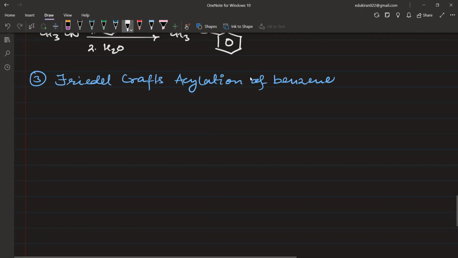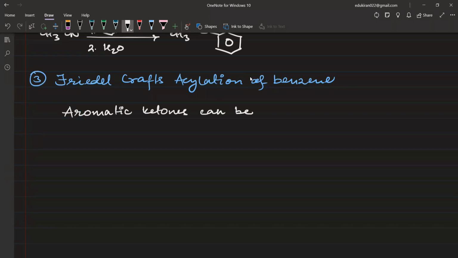Aromatic ketones can be prepared by Friedel-Crafts acylation.